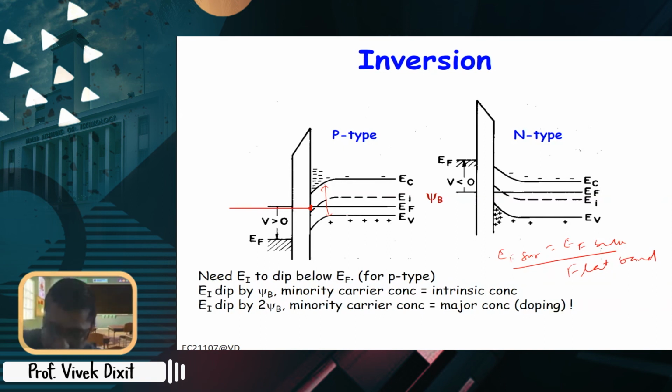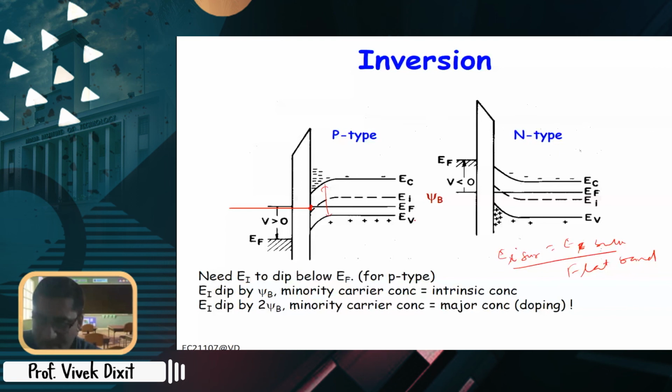But that means no band bending. If EI at the bulk and surface are equal, there is no band bending because EF will be constant when there is no current flow. So even if you apply the bias, because of this oxide, current is not flowing, so EF will be constant, at least within the semiconductor region. Other bands EC, EV, and EI are bending to take care of the induced electric field.